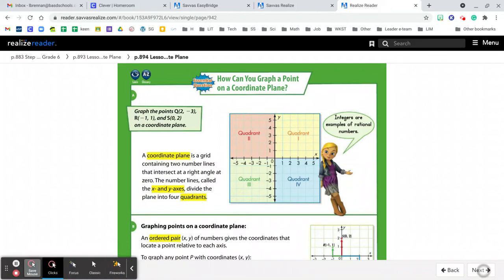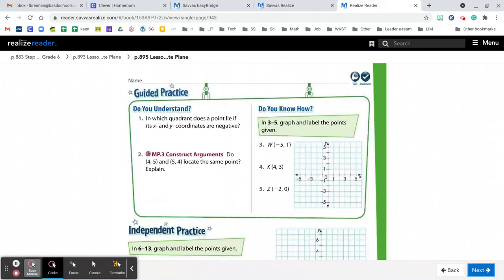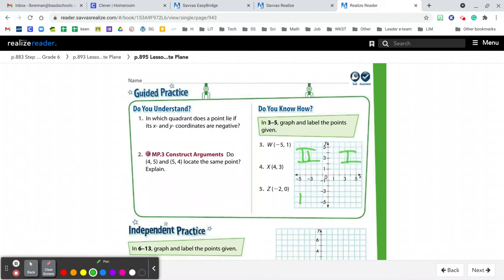Moving on. In what quadrant does a point lie if both the coordinates are negative? Remember, both are negative, and we're labeling our quadrants 1, 2, 3, 4. So if we've got a negative and a negative, we're going to be down here.